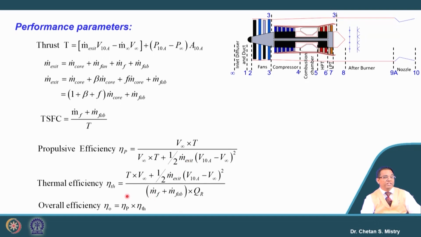In the same way, for thermal efficiency we need to be careful. This is the amount of fuel we are adding in the combustion chamber, and this is the amount of fuel we are adding in our afterburner. So do not commit any mistake when doing your calculation for the afterburner configuration. And we can do our calculation for the overall efficiency, the thermopropulsive efficiency, which is a product of propulsive efficiency and thermal efficiency.